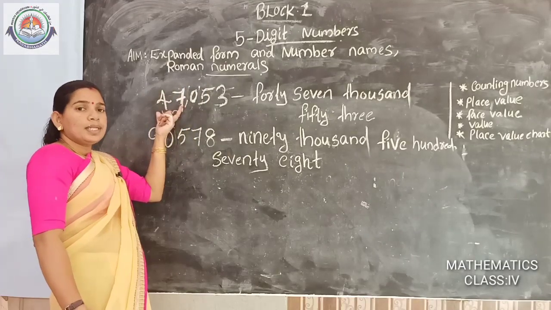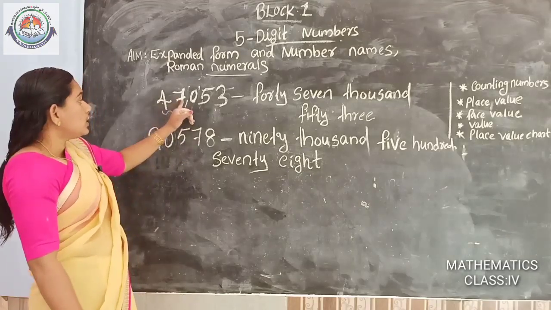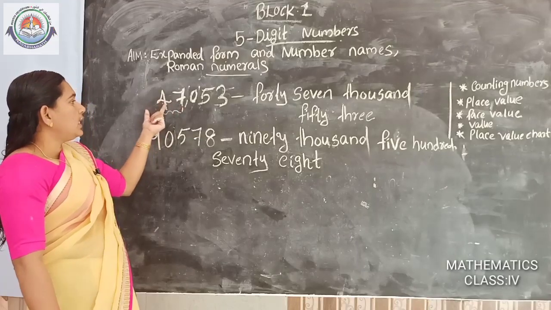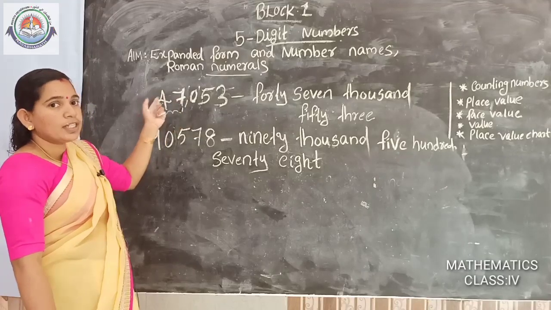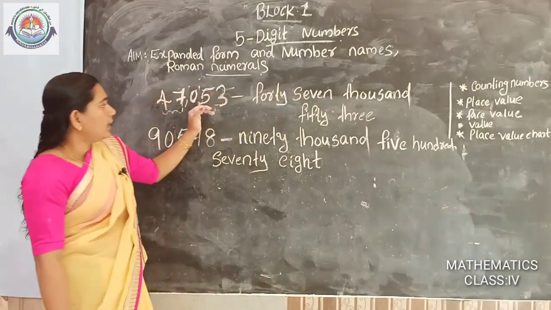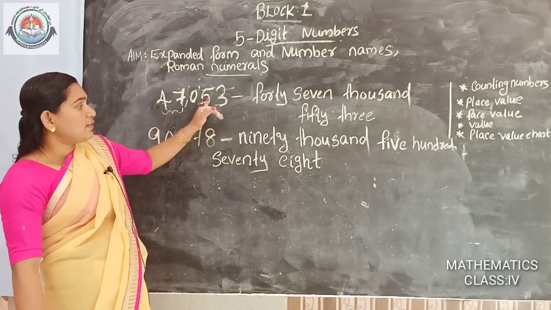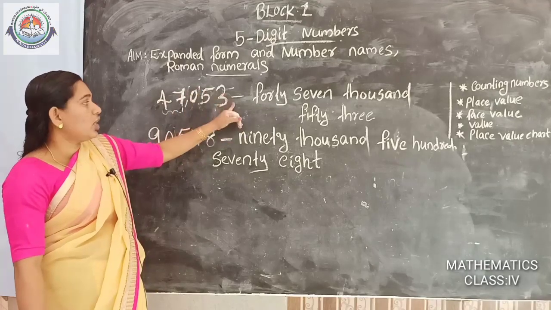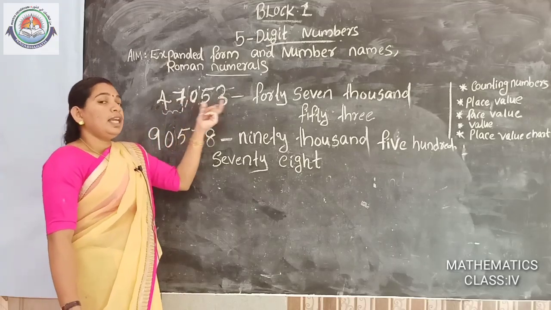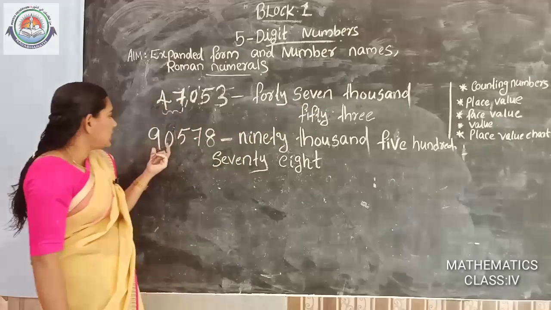These two are in the thousands period. So we write together 47, 47,000. Then the 100 place has no value, 0 only. Then tens place 5, so 53. So we write 47,053.